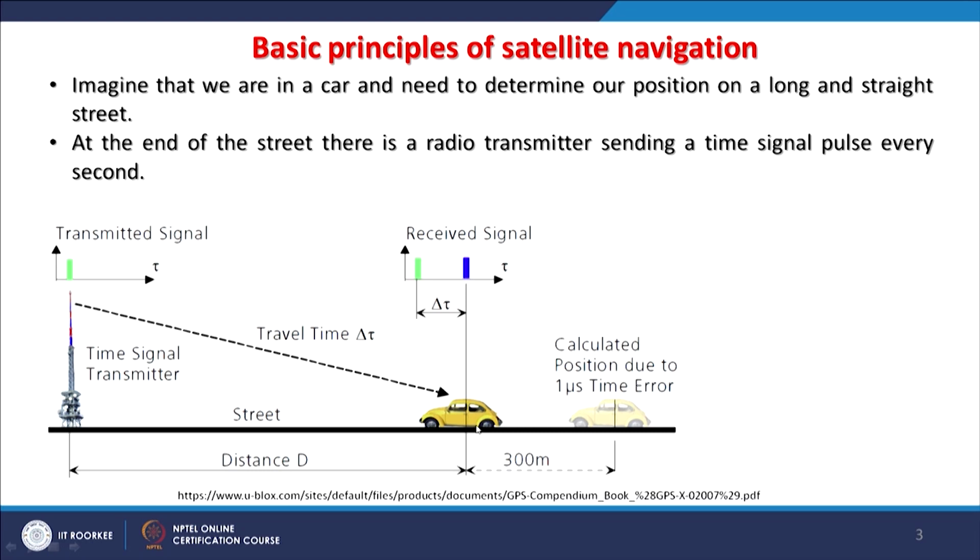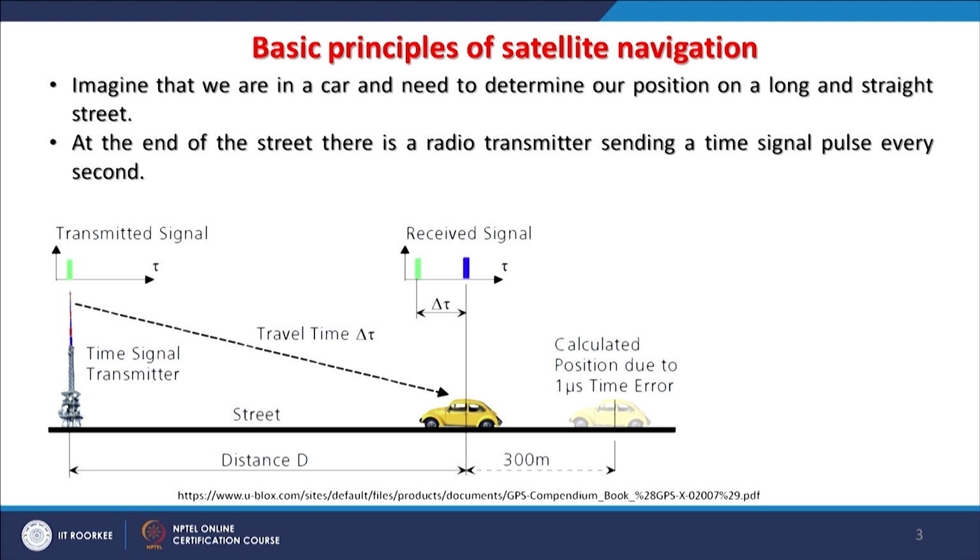Here a tower is shown which is transmitting the signal. This is the position of the car, and when the signal is transmitted and when it is received, this time difference will give you the travel time, or how much delay there was. If the car is moving, then you know the velocity, so the distance between the first position and the second position can also be determined.